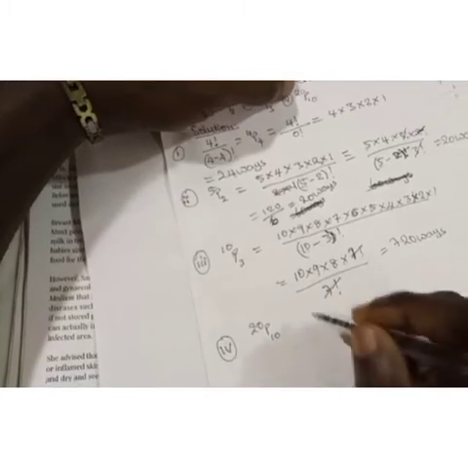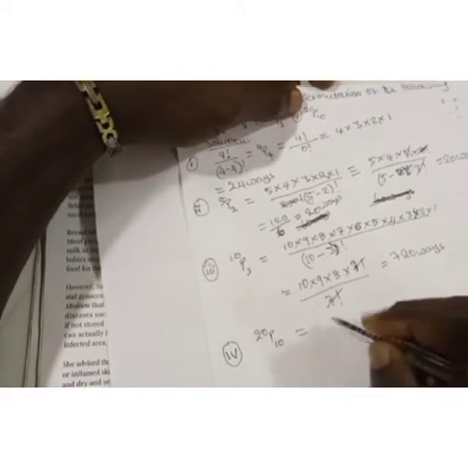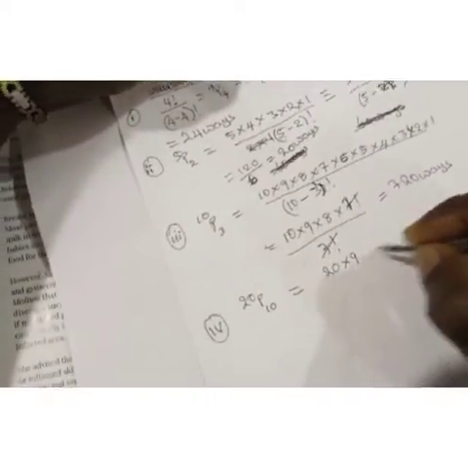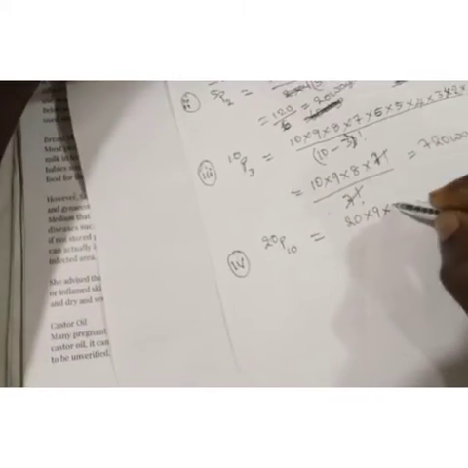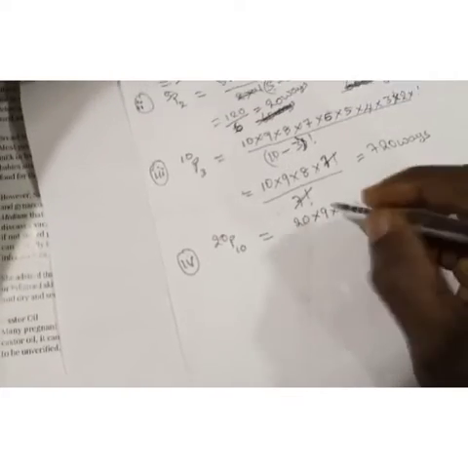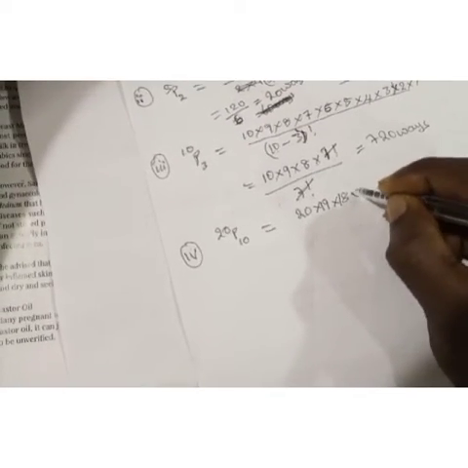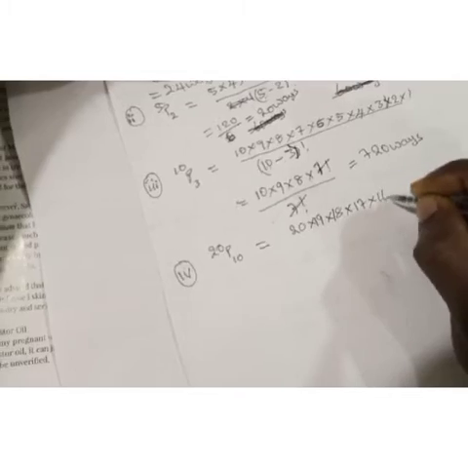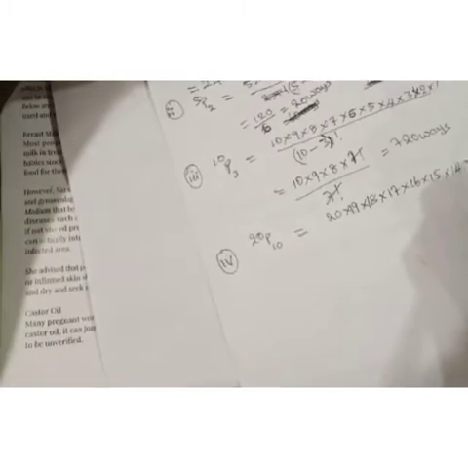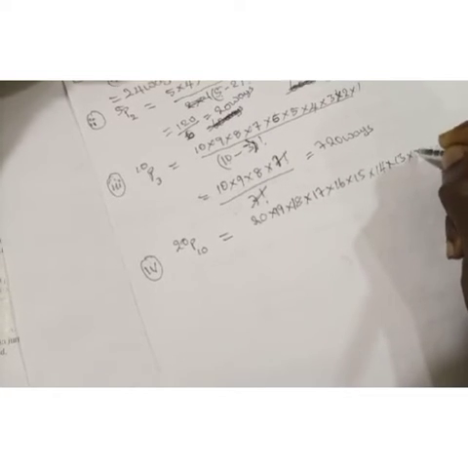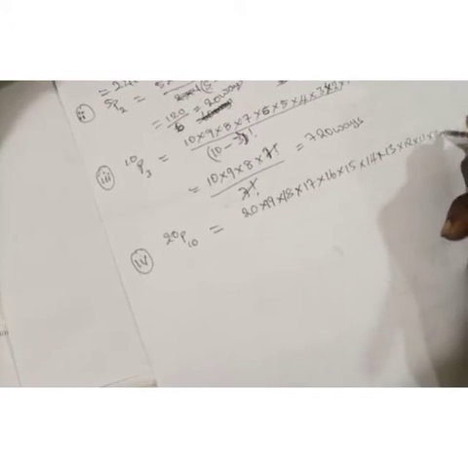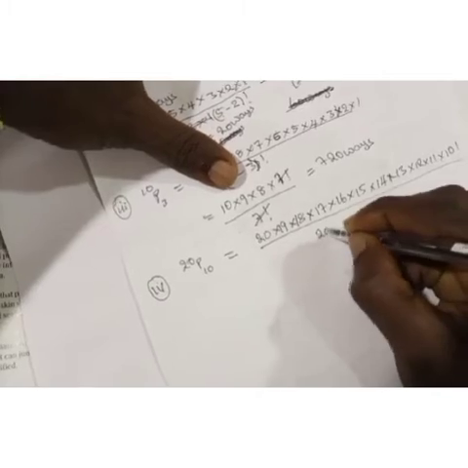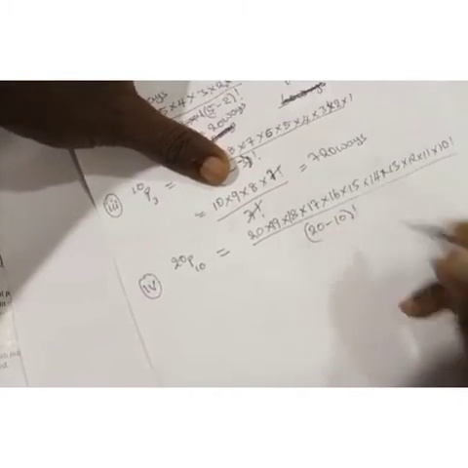And number 4 now we say 20 permutation 10. When you say 20 permutation 10 is equals to 20 times 19 times 18 times 17 times 16 times 15 times 14 times 13 times 12 times 11 times 10 factorial, all over 20 minus 10 factorial.